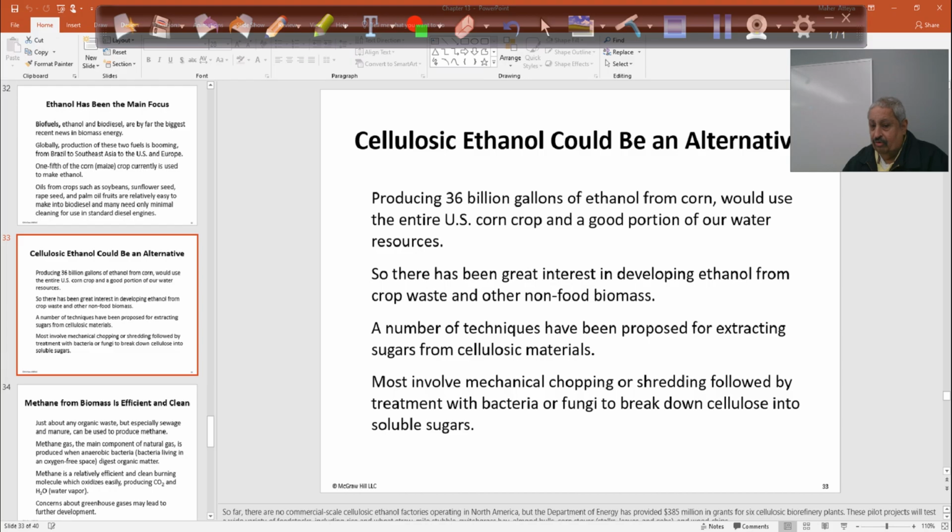Most involve mechanical chopping or shredding, followed by treatment with bacteria or fungi, or chemically. You can do this chemically, or you use some bacterial work on this type of cellulose to break the hundreds, 300 and more, sugar chains interconnected with each other to produce ethanol out of them.